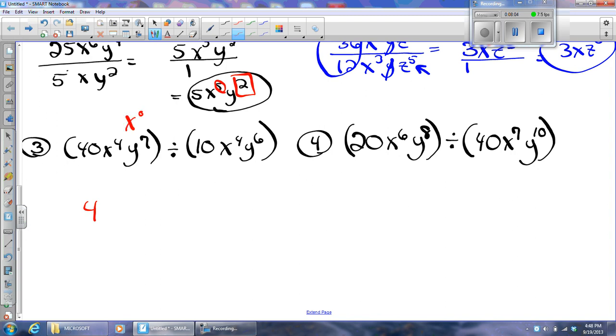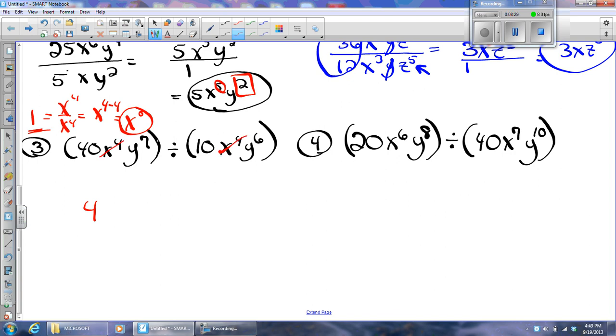You may not know what x to the 0 is, but I'll bet you know what x to the fourth divided by x to the fourth is. I'll bet you know that that's 1. Well, if x to the fourth divided by x to the fourth is the same as x to the 4 minus 4, then it has to be the same as this, which means this must be equal to 1. So in other words, the x to the fourths cancel out.